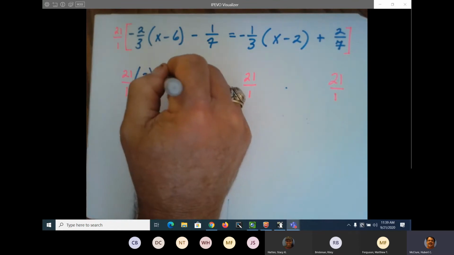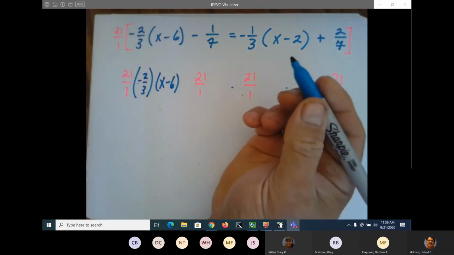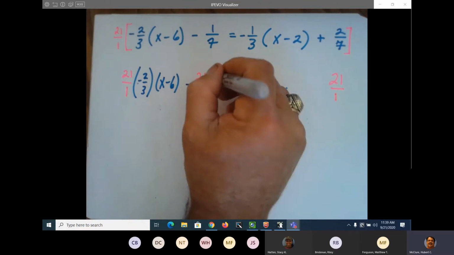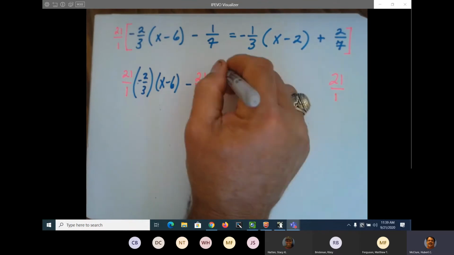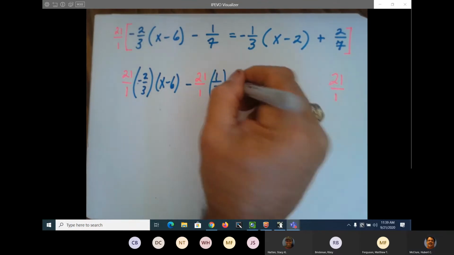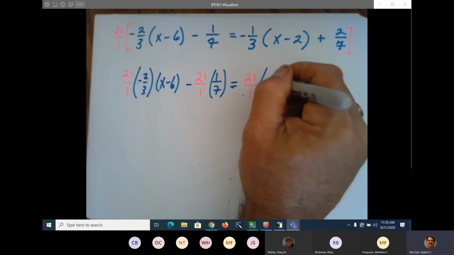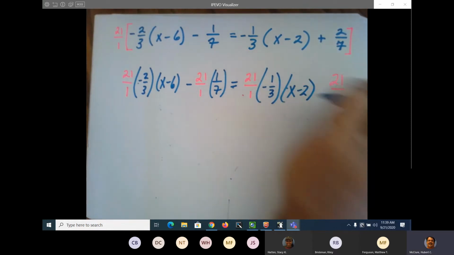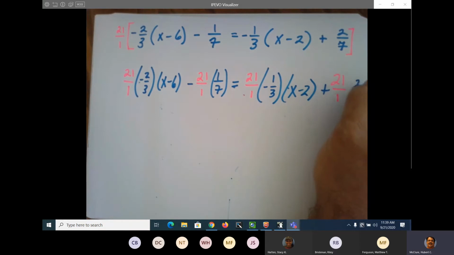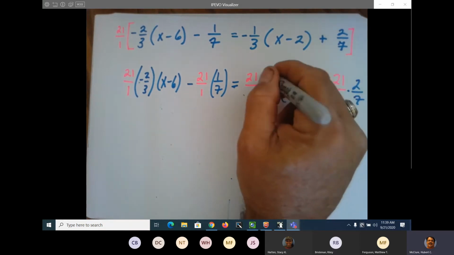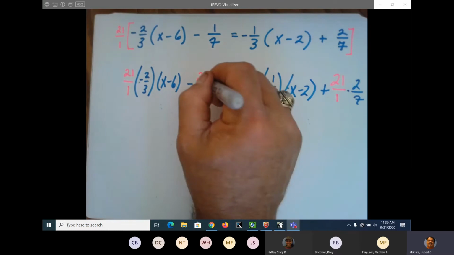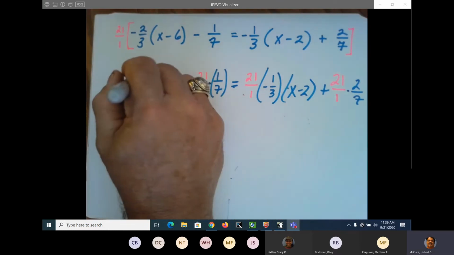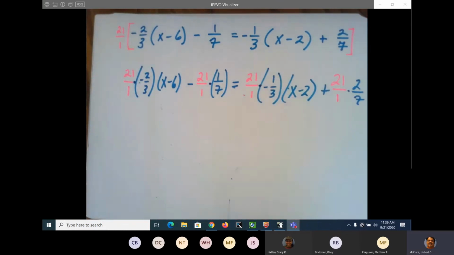And then x minus 6 minus 1/7, negative 1/3 plus 2/7. And you are multiplying. That's why I put the parentheses here. You can put it if you want to, but I had parentheses.